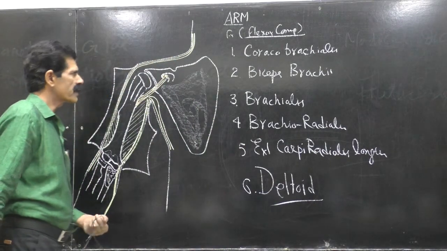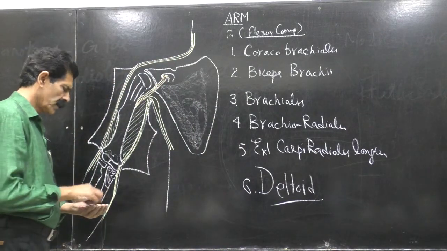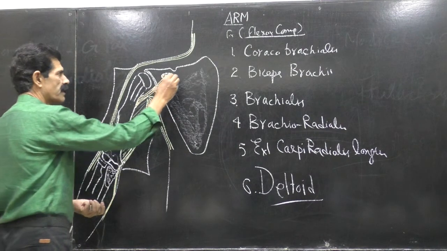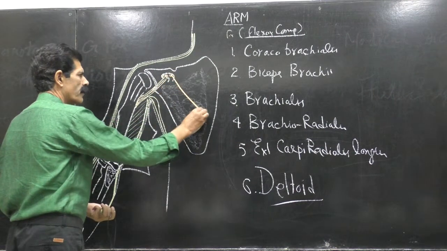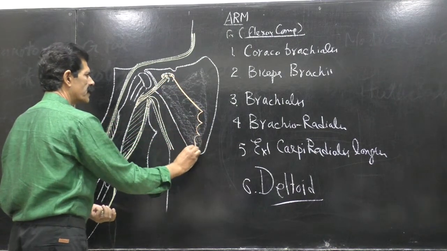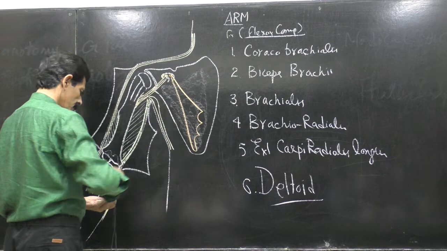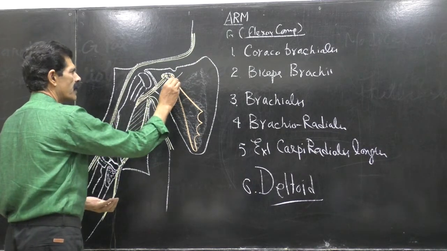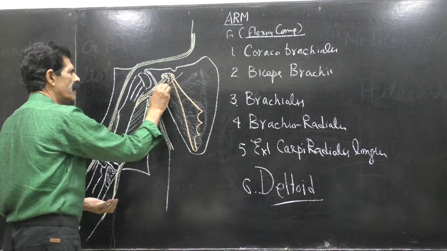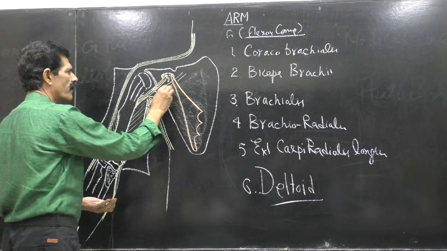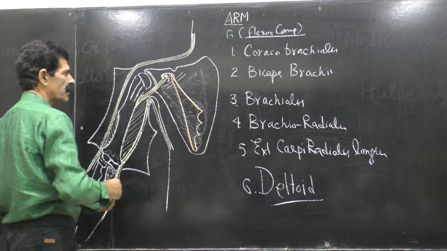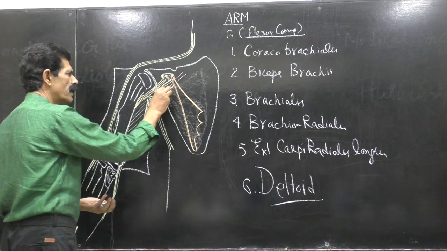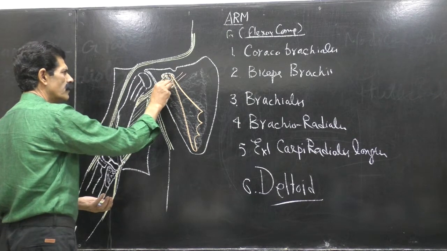So musculocutaneous nerve is the nerve supply, and as you know from the previous lecture, the insertion of the third, fourth and fifth rib is the pectoralis minor, and below the pectoralis minor lies the first part of axillary artery, second part is behind, and then the third part of axillary artery. And to the third part of the axillary artery, lateral cord is lateral, medial cord is medial, posterior cord is posterior.